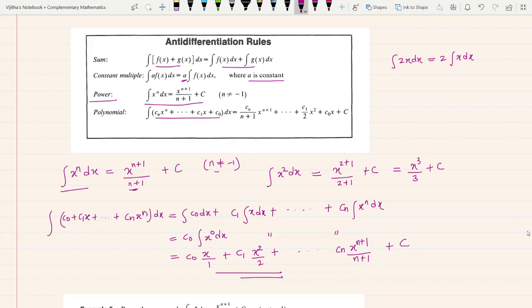So in this way we can integrate polynomials. Study all these rules thoroughly, see how we are deriving these values, how we are integrating polynomials, and how we are writing the power rule. Okay.